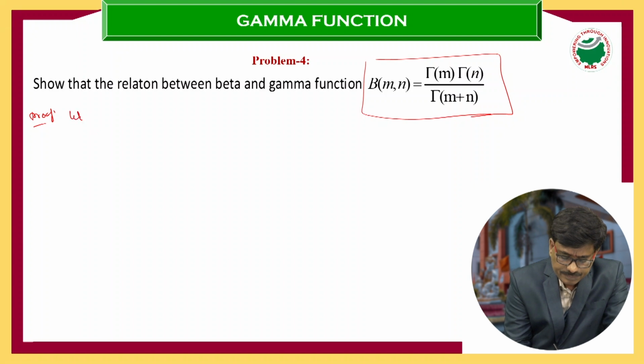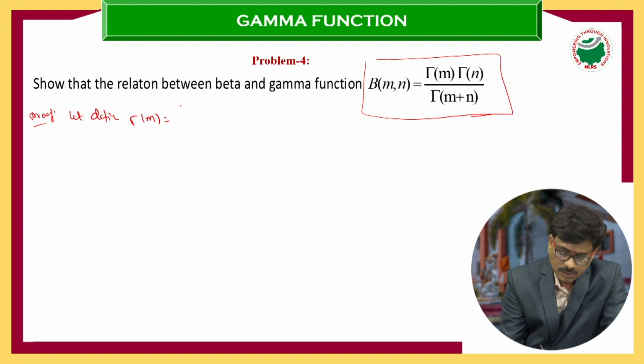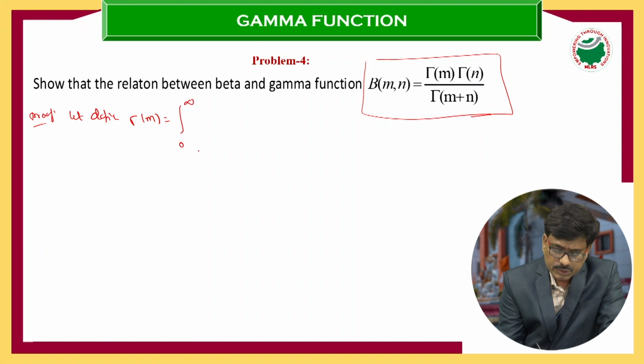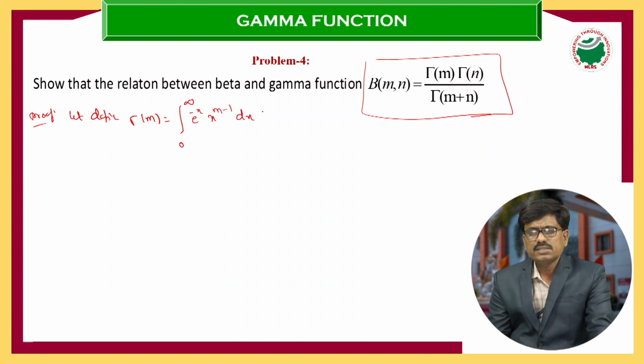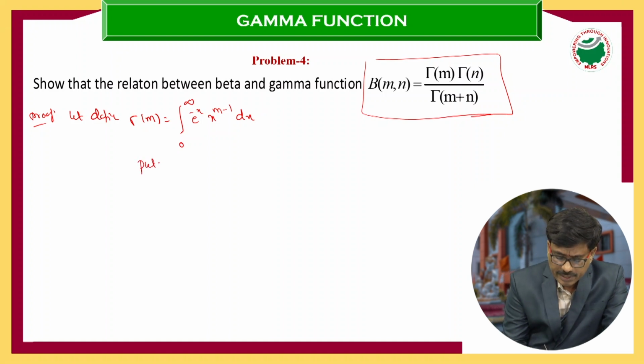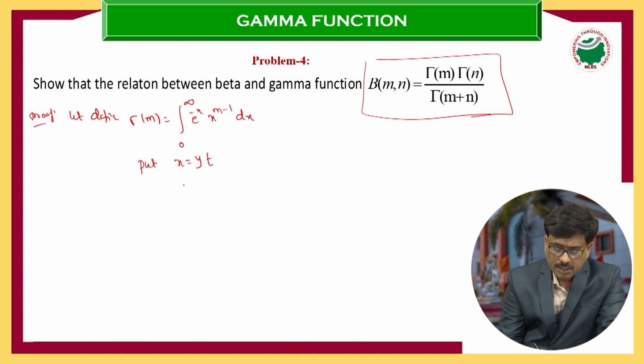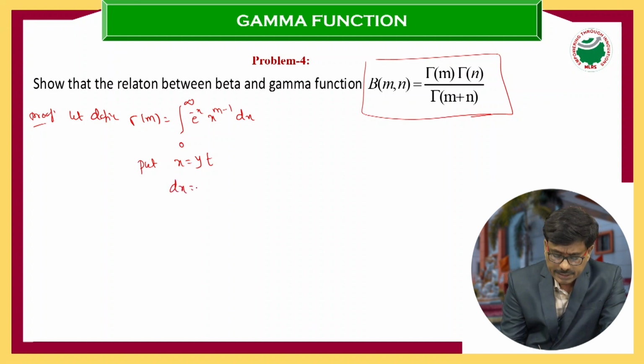Let me define first the function gamma of m. What is gamma of m? Integral 0 to infinity e power minus x, x power m minus 1 into dx. I am going to substitute some variable x equal to y into t. What happens? The derivative dx equals y into dt.